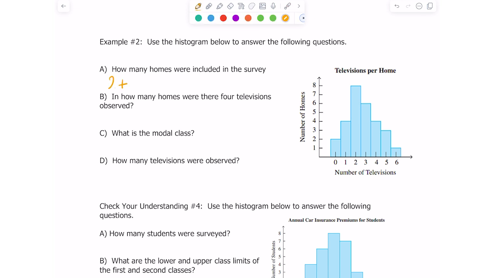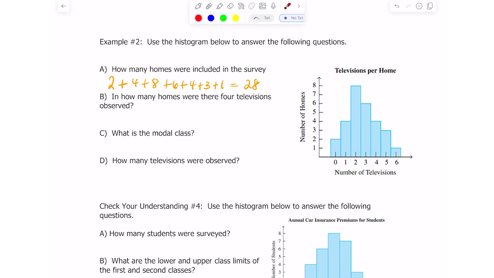And then the next bar is 4, and then 8, and so on. So I know 4 homes had 1 television, 8 homes had 2 televisions, and so on. So I'm just going to add all of the heights of each bar, and we end up with 28. So there were 28 homes included in the survey.